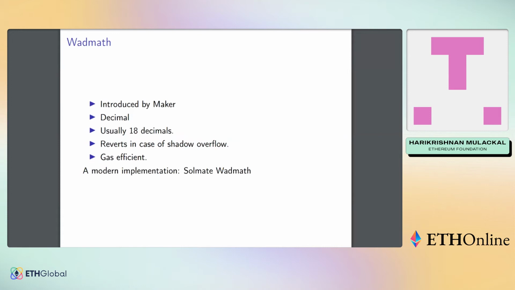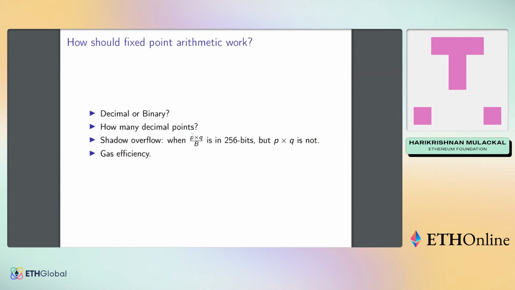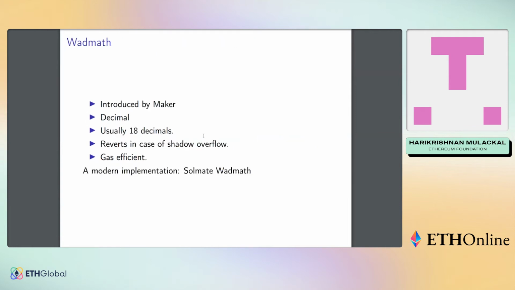So let's now look at how many protocols implement fixed point arithmetic. One of the most famous examples would perhaps be the DSMath introduced by Maker, as far as I know. It is decimal, using 18 decimals, and it reverts in the case of shadow overflow, meaning if p times q doesn't fit into 256 bits, then it's going to overflow.